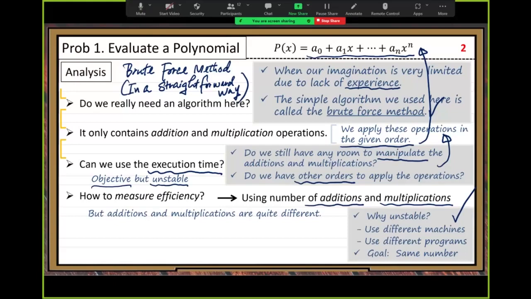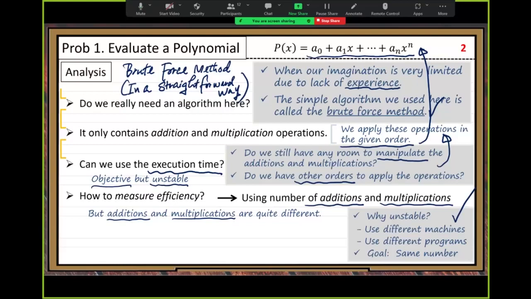Here, in computer hardware implementation, the speed of additions and multiplications are different, right? We know an addition running in a computer is much faster than a multiplication.